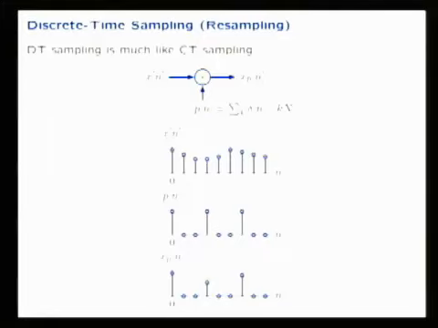So think about what you would do if you wanted to take a picture and represent it with a factor of 3 fewer pixels in the horizontal and a factor of 3 fewer pixels in the vertical. Well, you would sample it. In CT, we would think about multiplying the CT signal x(t) by an impulse train. Here we use a unit sample train.